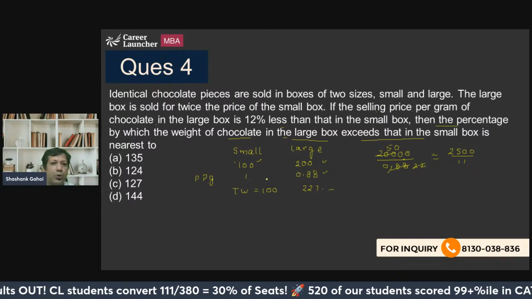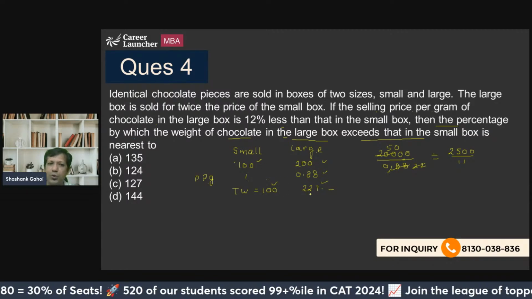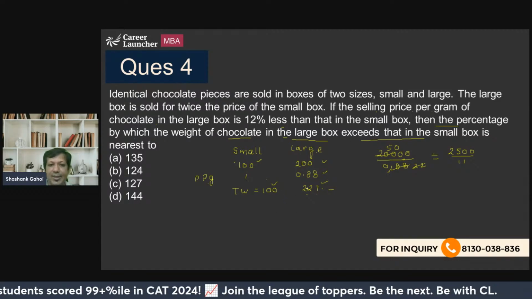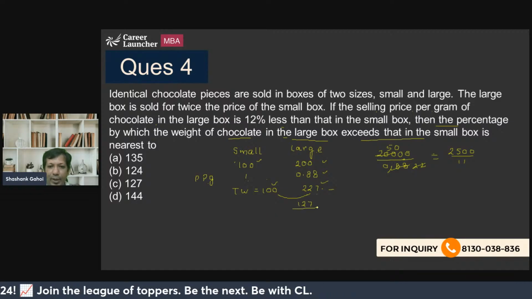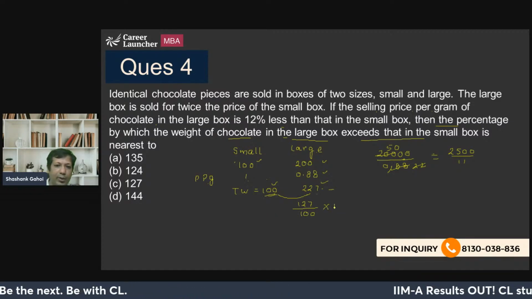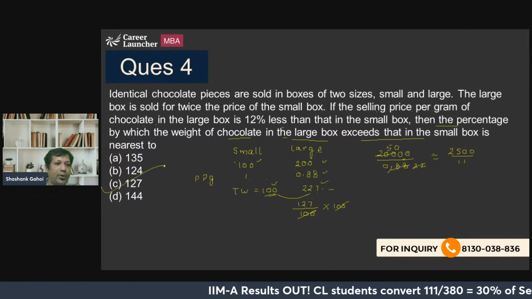Okay. So total weight of small box is 100. Total weight of the large box is close to 227. Now, what is the percentage increase? So increase is of 127 divided by initial weight, that is the weight of this, into 100. So what is the percentage increase? That's going to be 127 percent.